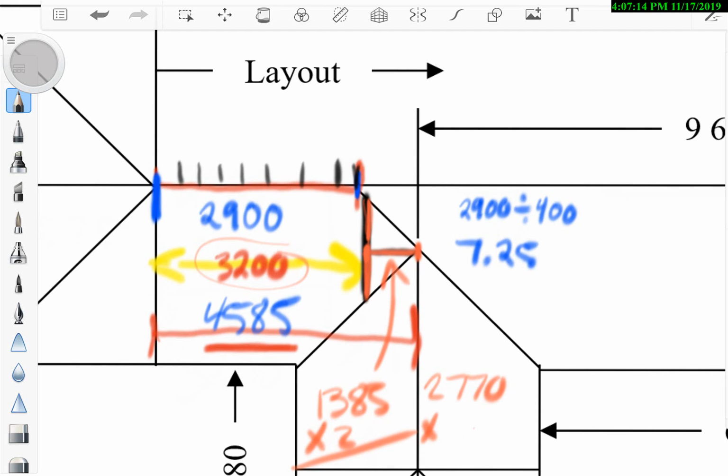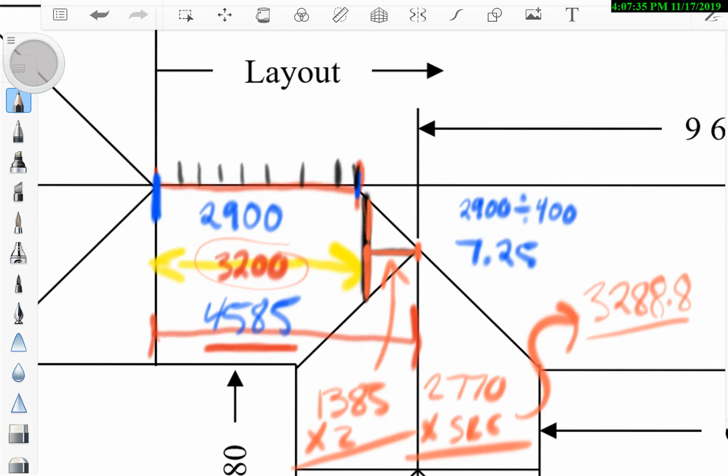So we'll times that by the slope ratio common, multiply that by 1.1873, and that gives us a line length of 3288.8. That is the line length of our first valley cripplejack.